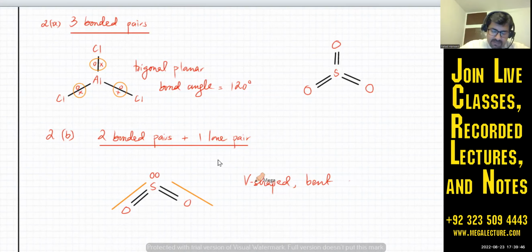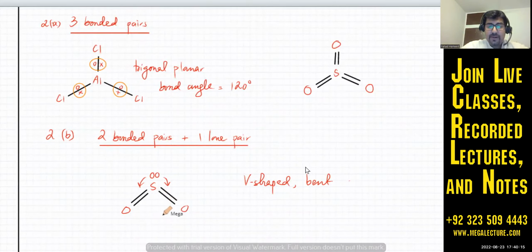अच्छा, plus वो बात ठीक है कि I told you that the lone pairs, because they are closer to the atom, they will repel or they will exert more repulsion. ठीक है, they will exert a greater amount of repulsion. What that will do is कि the oxygens will be pushed closer to each other. So these oxygens over here, they will be pushed closer to each other. So the angle over here, previously the angle was 120, but now the angle is going to decrease very slightly. It's going to become somewhere between 117 degrees to 119 degrees.